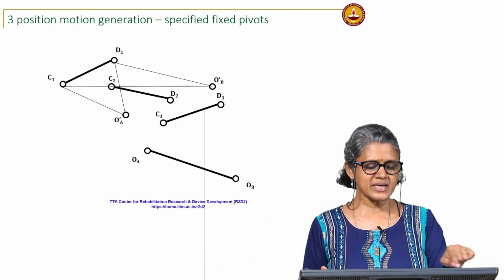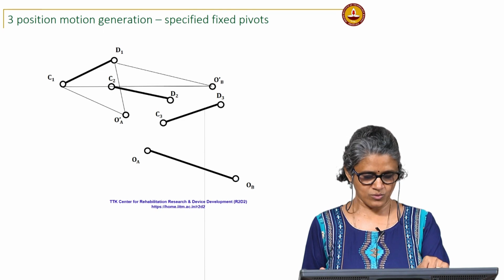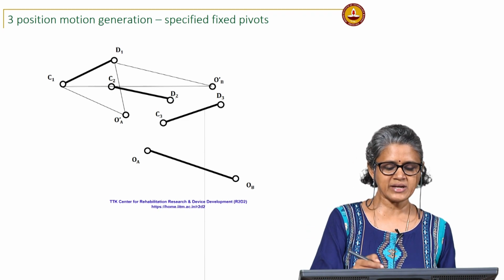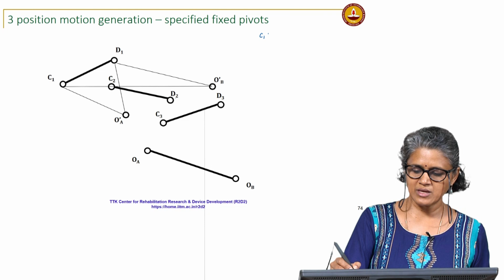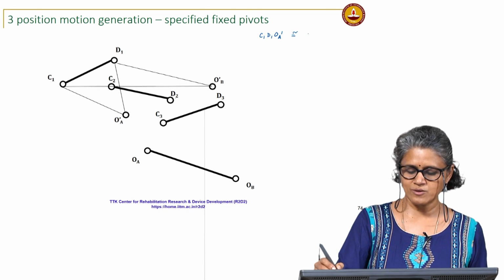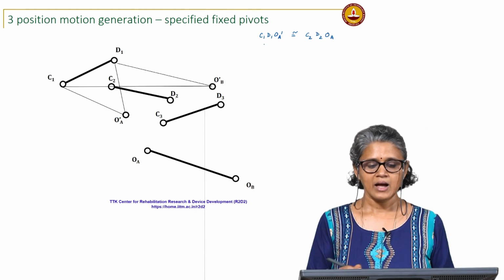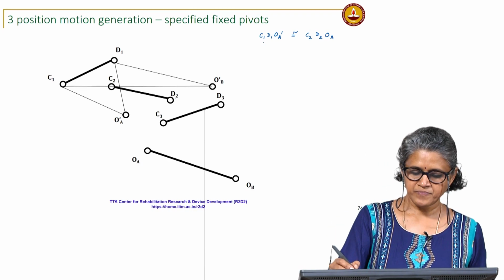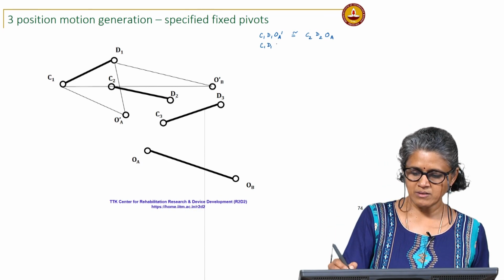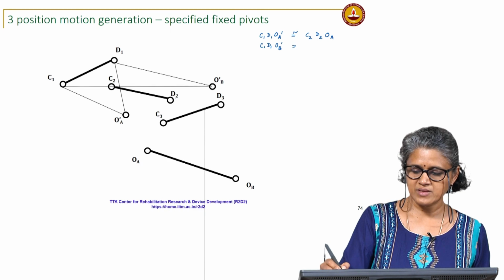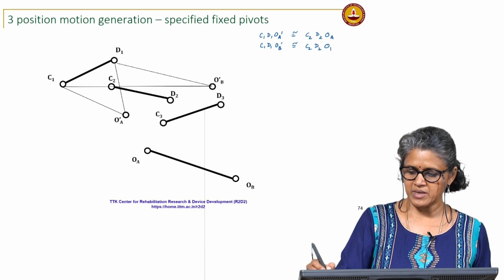So, these triangles will be congruent to this C2 OA D2. So, C1 D1 OA dash is congruent to C2 D2 OA, and similarly C1 D1 OB dash is congruent to C2 D2 OB.